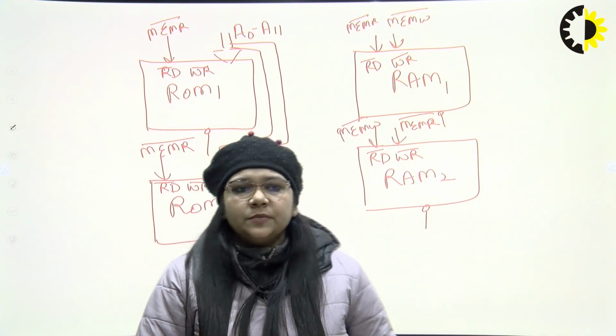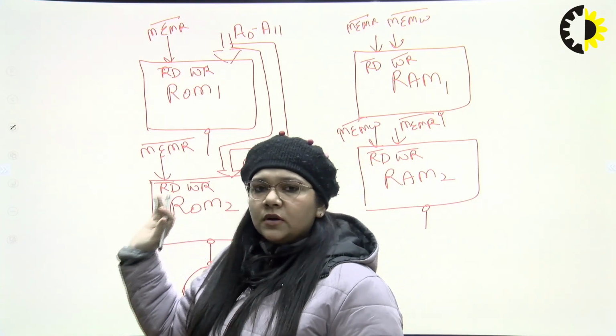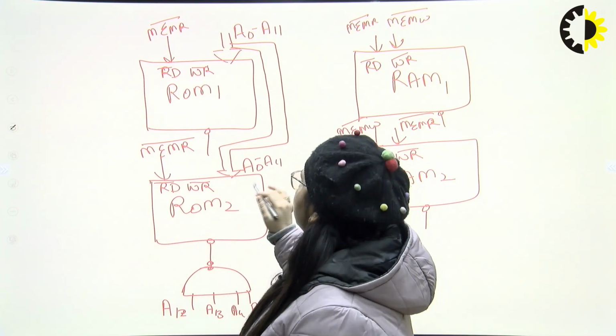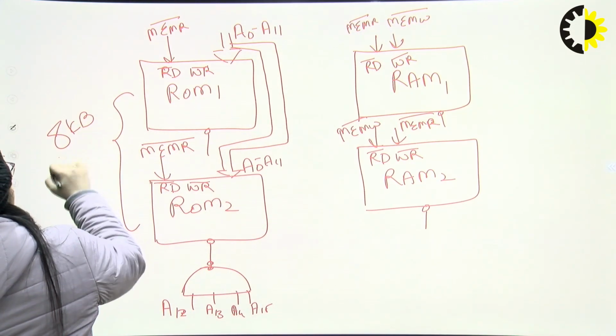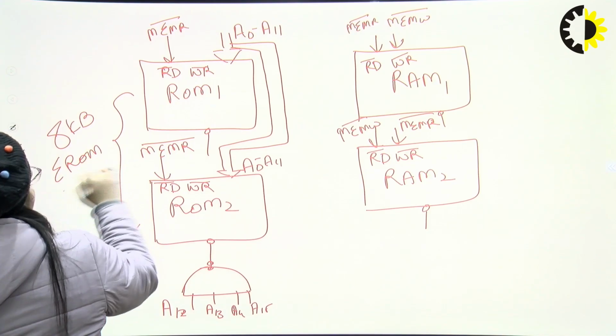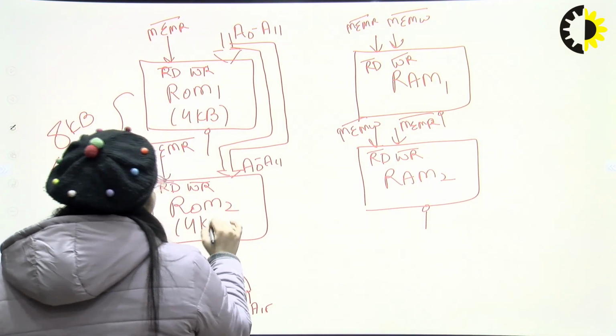These are the 4 chips that we will use for ROM and RAM. The 2 ROMs combine to give 8 KB of EPROM, because this is 4 KB and this is also 4 KB.